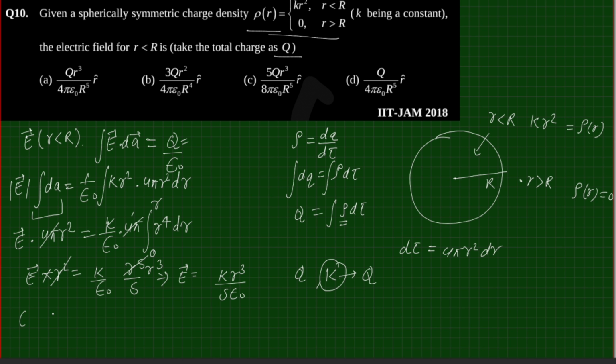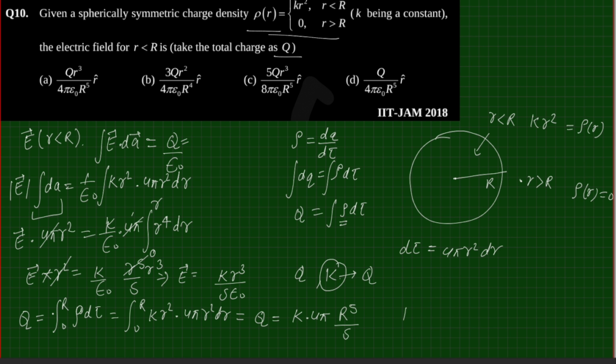So for that, q equals the integral from 0 to r of rho d tau, that is the integral from 0 to r of k r square times 4 pi r square dr. Okay, so q equals k into 4 pi, that is capital R5 over 5.